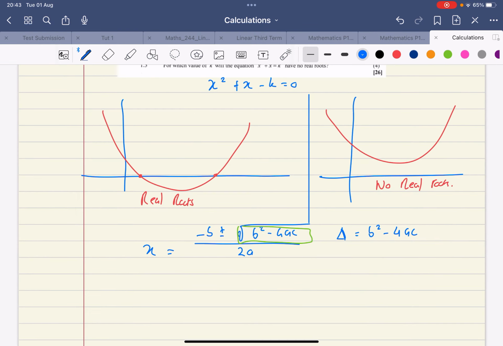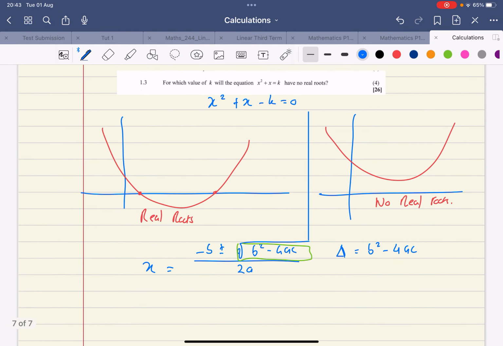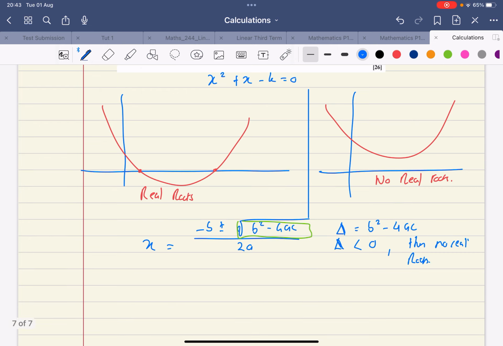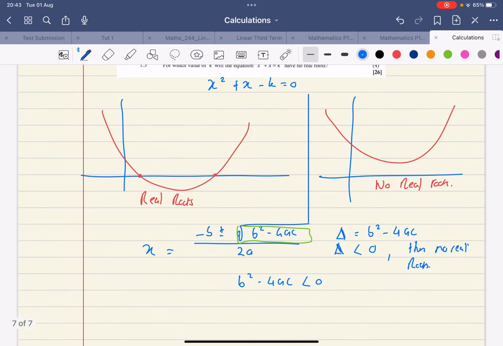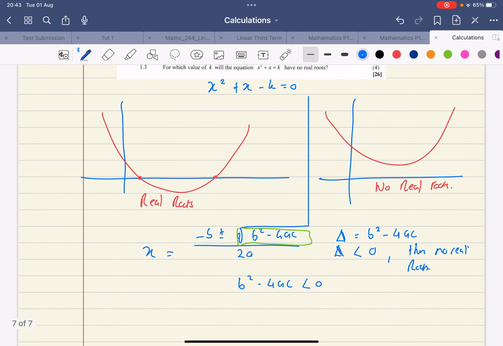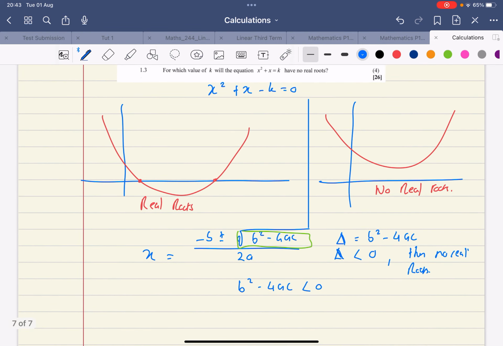And one property of delta that you should know is that if delta is smaller than 0, then there are no real roots. Okay, so in other words, b squared minus 4ac must be smaller than 0 in order for there to be no real roots.